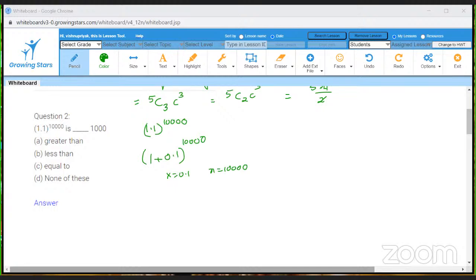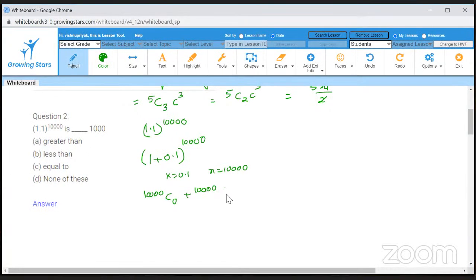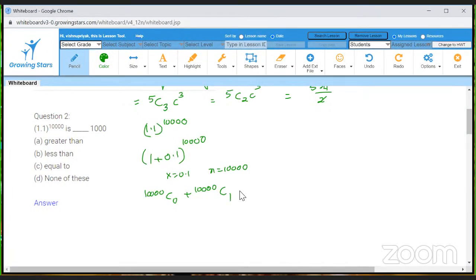So if you expand it, what will you have? First term nC0, second term nC1 and then x power 1.